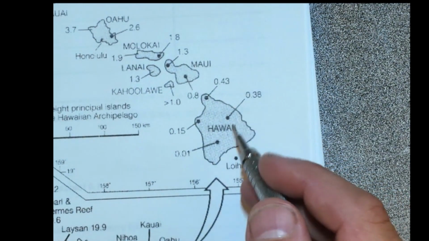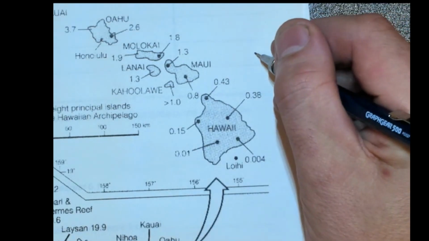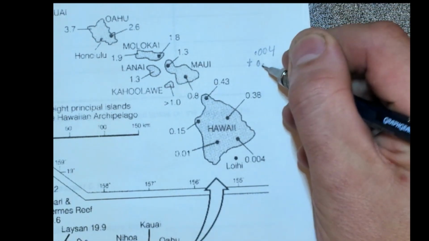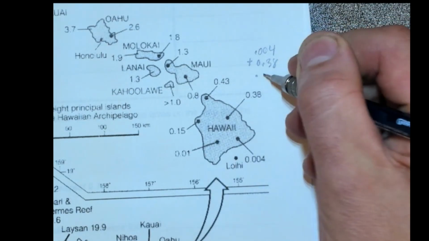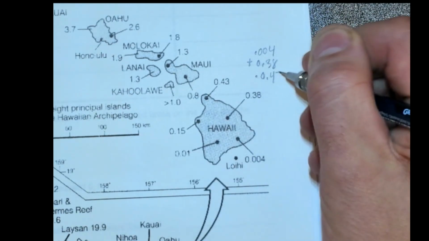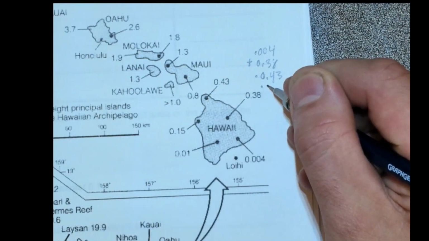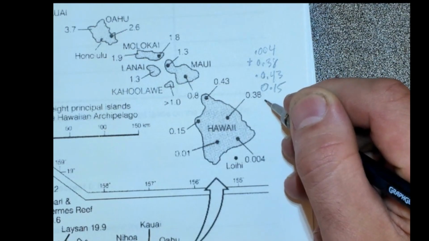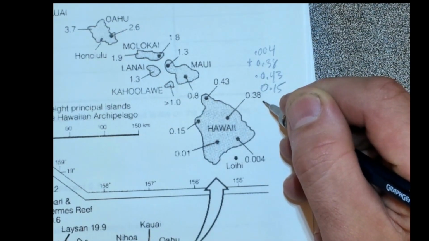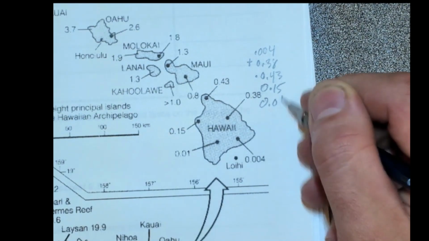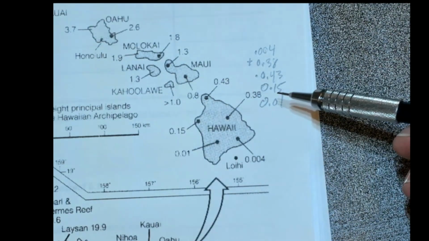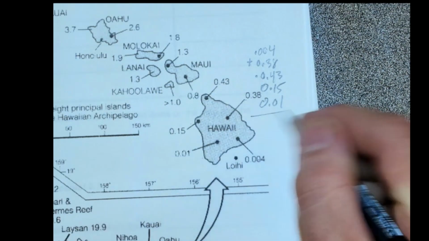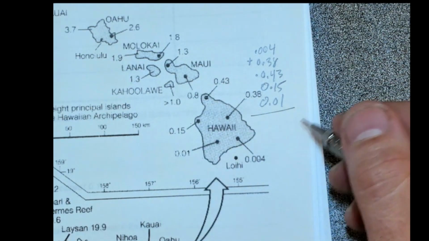So from this one right here, we've got 0.004 plus 0.038 plus 0.043 plus 0.15 plus 0.01. And we've got a total of 5 different data points, 1, 2, 3, 4, 5. So we'll be adding these up, and then we'll be dividing.